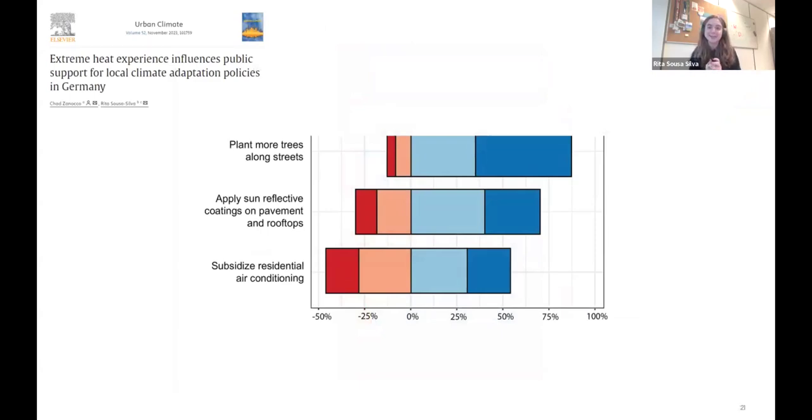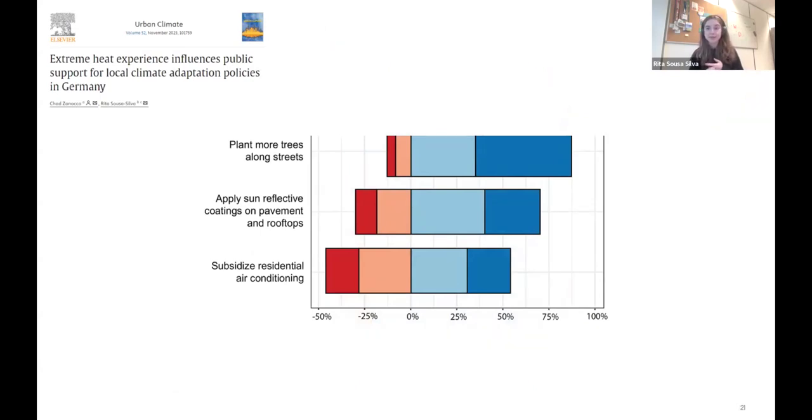Just to finish, just to link with also something that Hartmut mentioned. In our research, we also look for support for policies, because sometimes we need to tell policymakers what needs to be done, but also that the society is willing for that. So we did ask for several different measures. In this case, I'm only showing planting more trees.